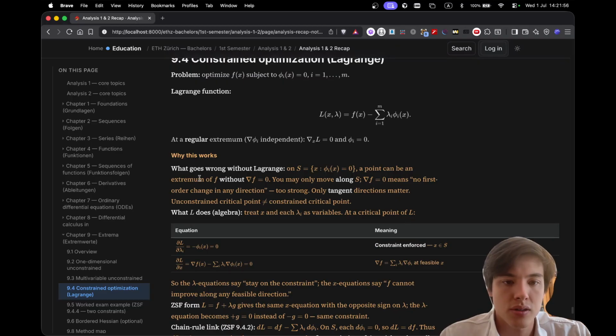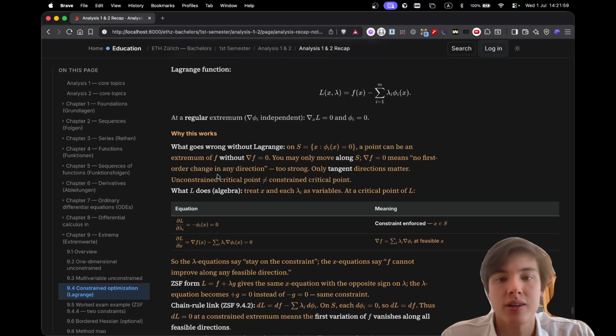See how it works. What goes wrong without Lagrangian?